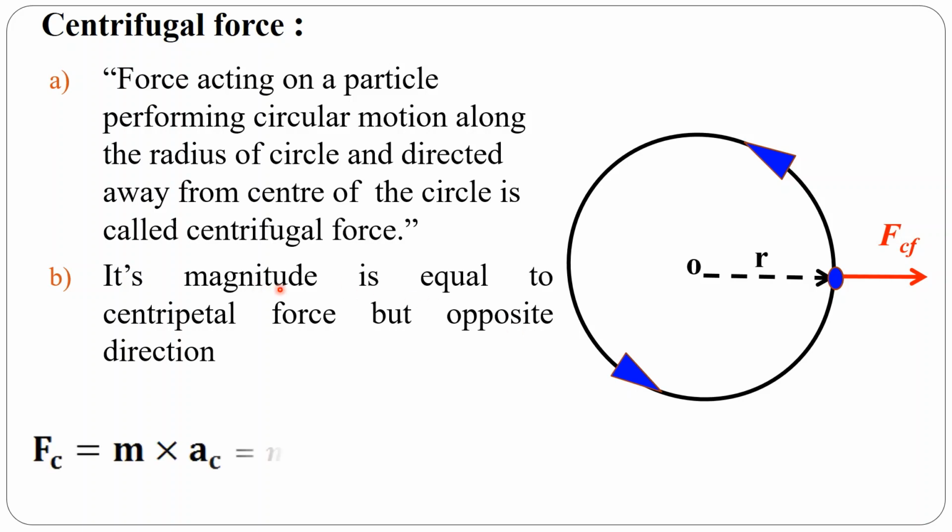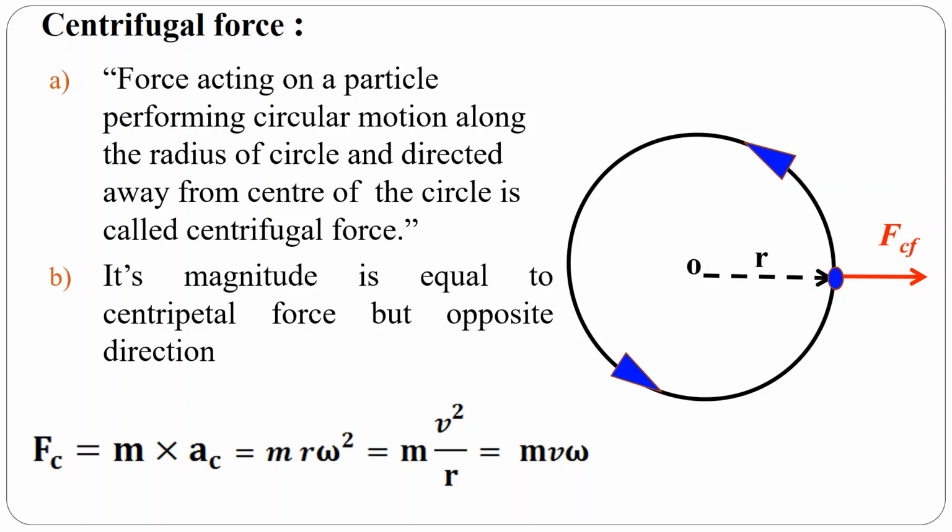What should be its magnitude? It is similar to that of centripetal force: mass into centripetal acceleration, which is m r omega square, m v square upon r, or m v omega. Have you cleared the concept of centrifugal force?